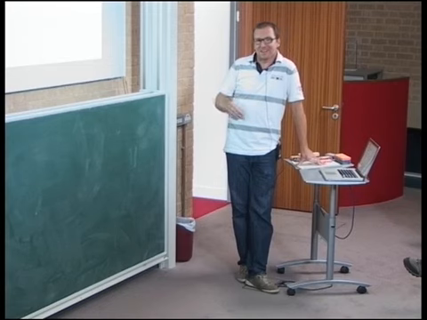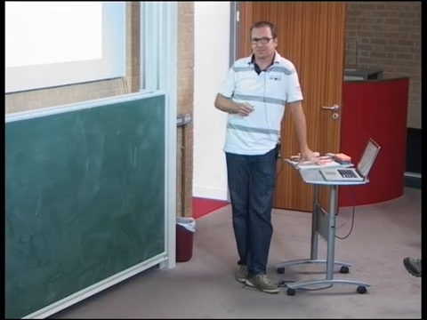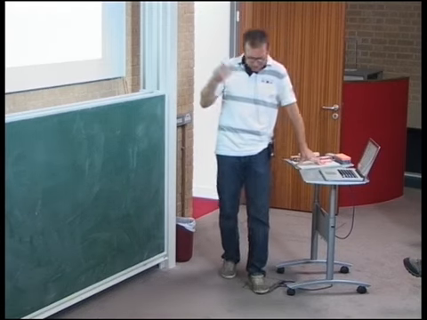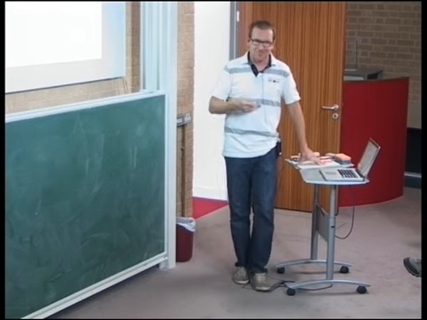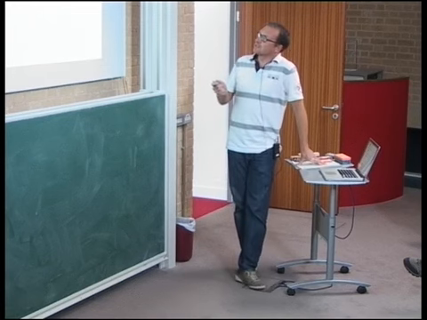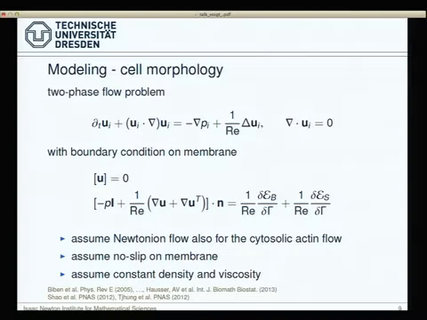Now on the membrane, I neglect any flow on the membrane, so inside the cell and outside. I don't consider the fluidity of the membrane here, I will talk about this next week, but okay. So it's just a simple model, and for simplicity I also assume that the density and the viscosity are constant, and they're even equal in the two phases.